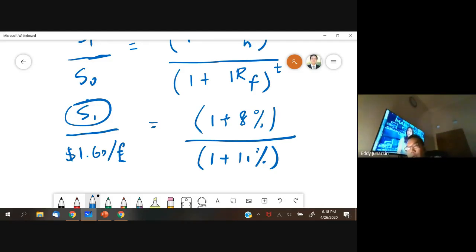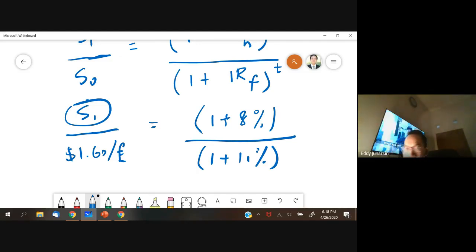Right, so we can calculate. So 108 divided by 111 times 160.